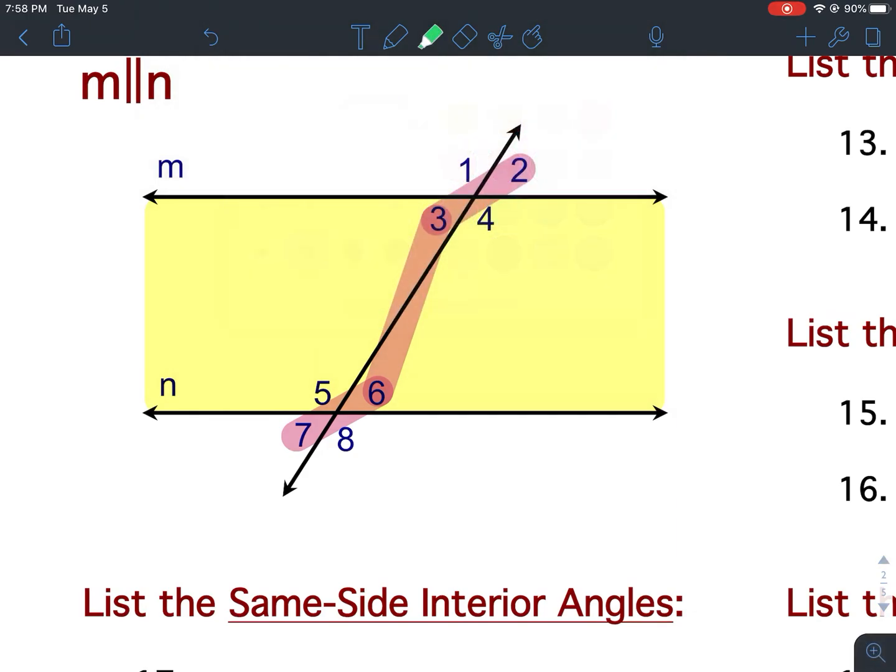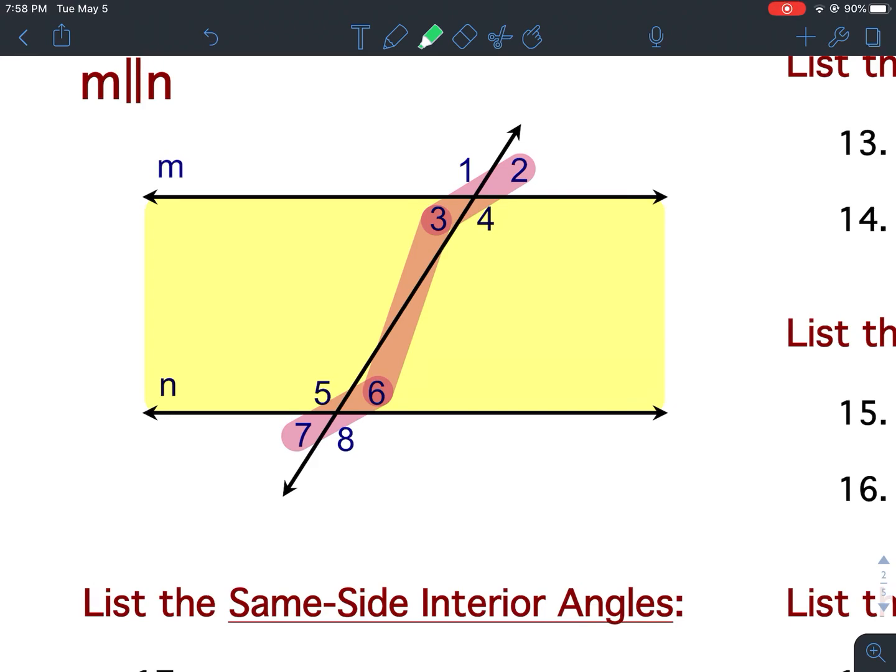So this middle part again, they are alternate interior angles. What makes them alternate? The reason why they are alternate is because one is on one side of the transversal and the other is on the other side of the transversal. They're on different sides of the transversal. And they're interior because they are between the parallel lines. That yellow shaded region is the interior angle.